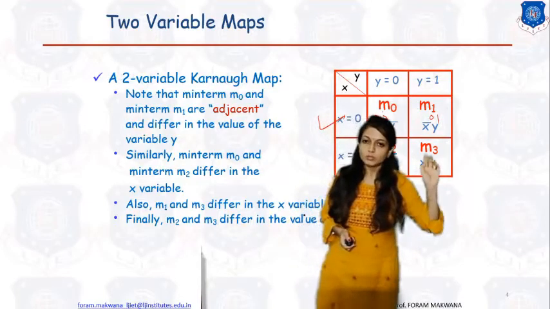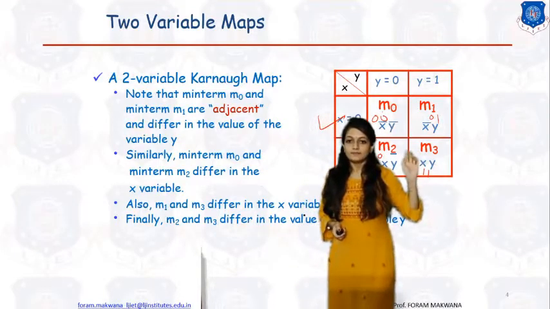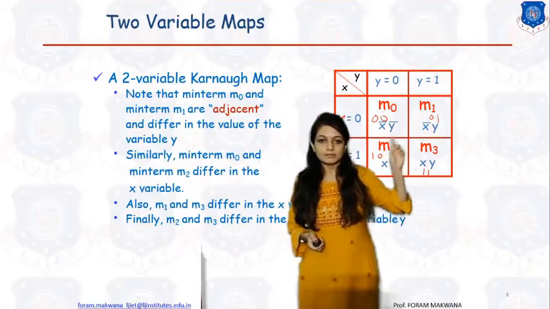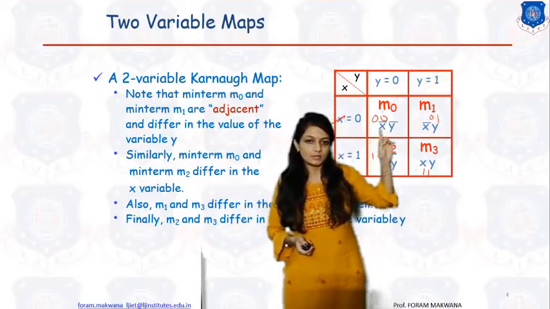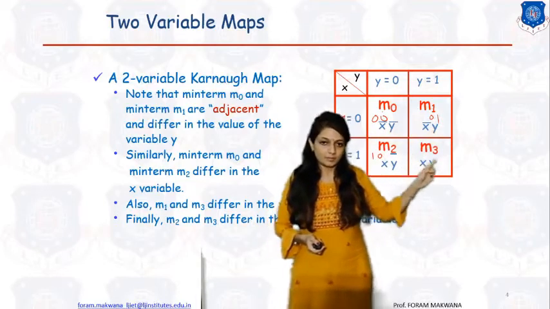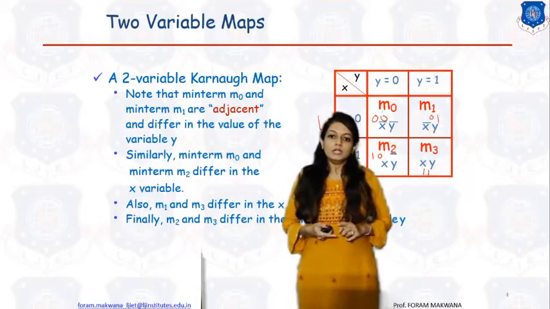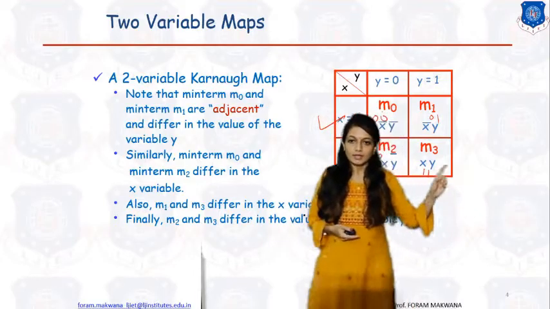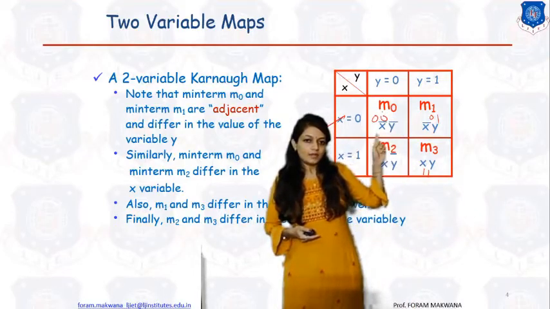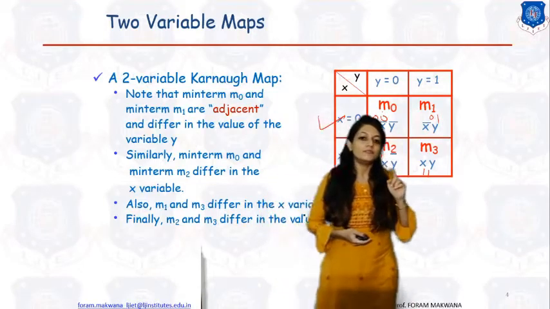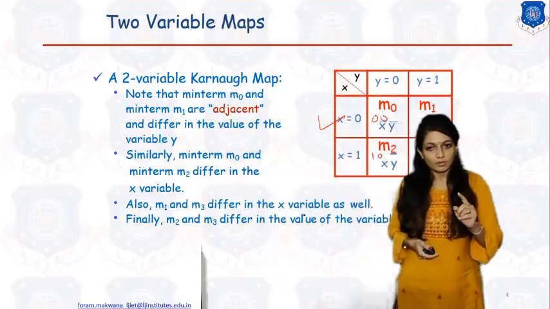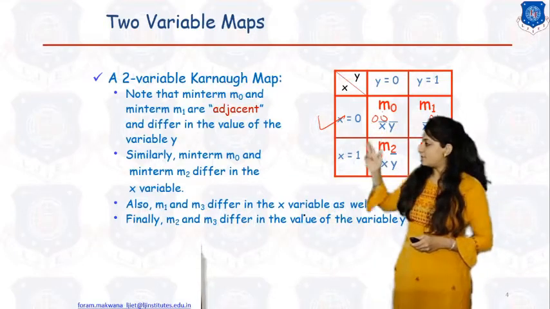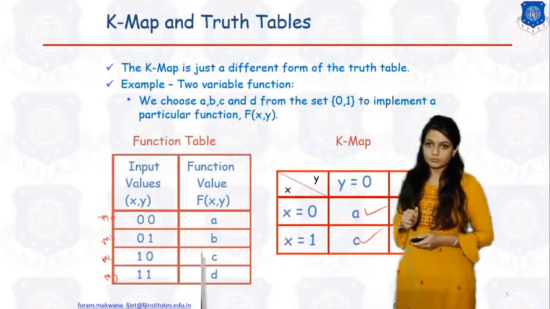So a 2 variable K-map has a total of 4 minterms, like 4 boxes M0, M1, M2 and M3, which we can say that M1 and M3 differ in the x variable only. Similarly, M0 and M2.